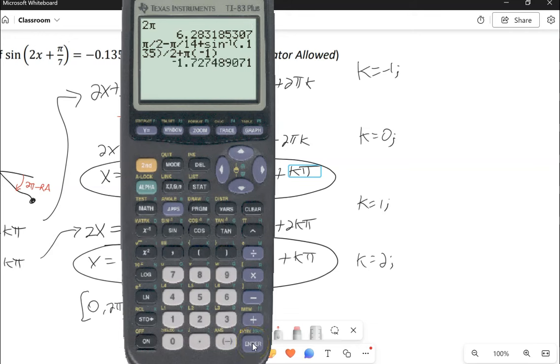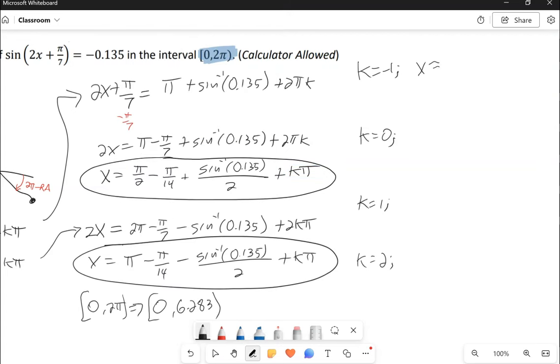This one would give me my first answer, -1.73-ish. I don't want that. It doesn't lie within the range. That's okay. I'm going to generate this quadrant 3 type of answer over and over and over.